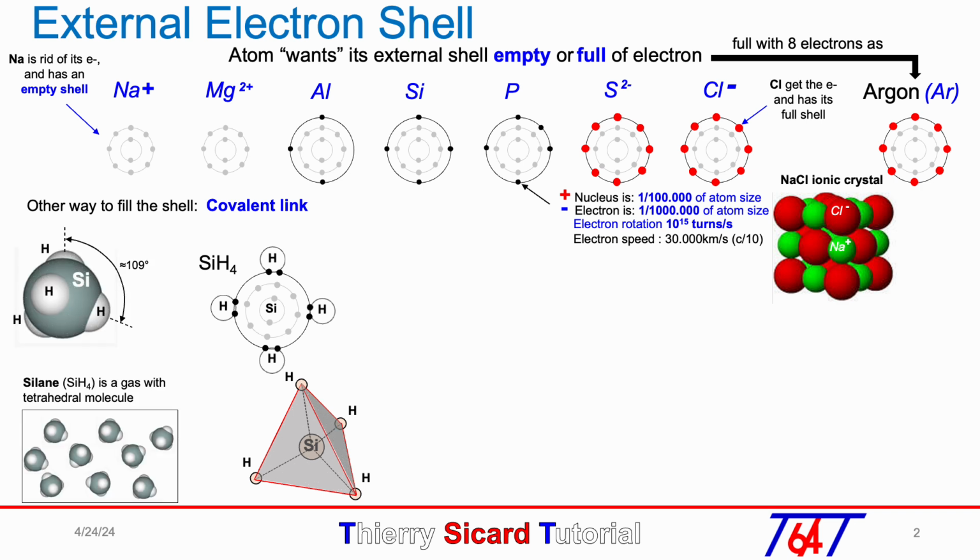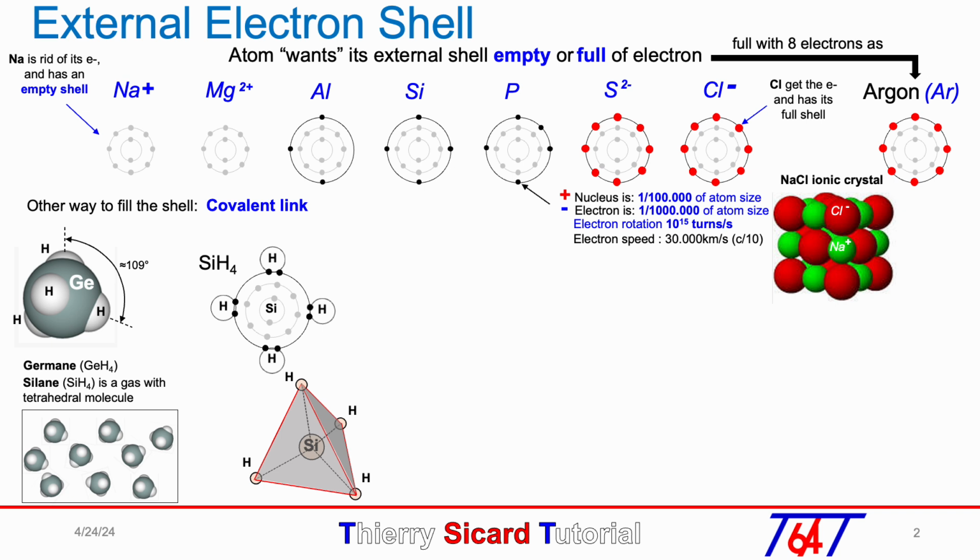The hydrogen atoms are spread around the silicon atom at the same distance from each other with an angle of about 109 degrees. This molecule is a silane, which is a gas with tetrahedral molecules. If we replace the silicon atom by germanium, we will get germane.